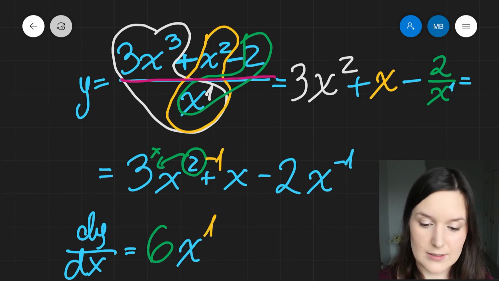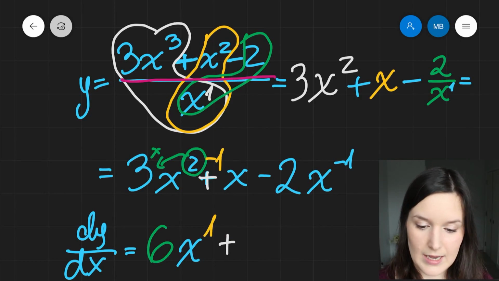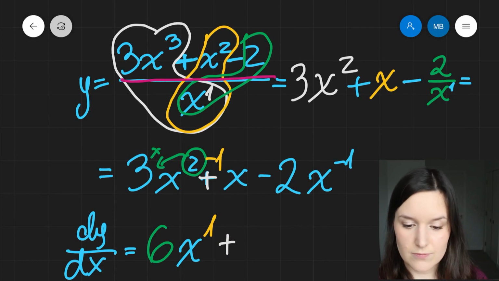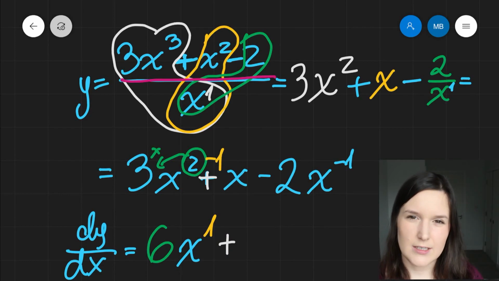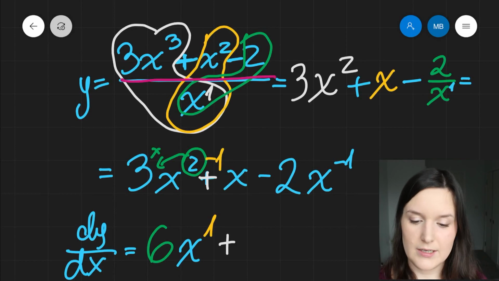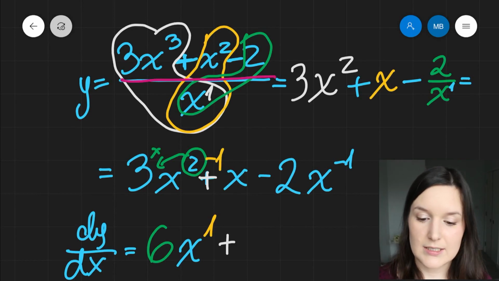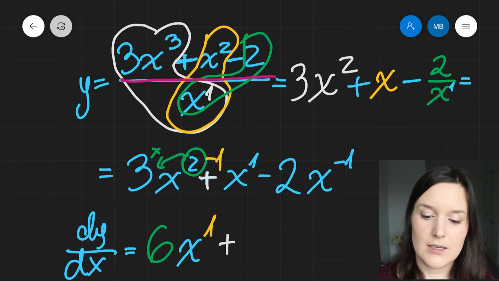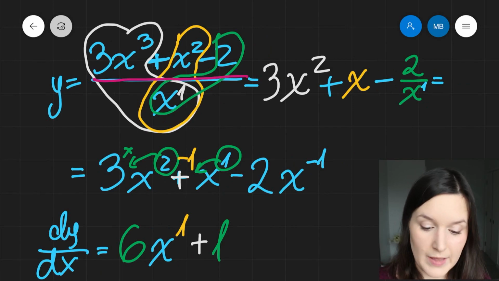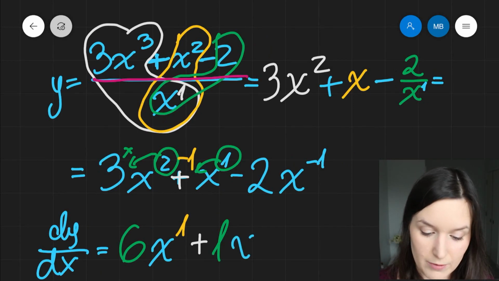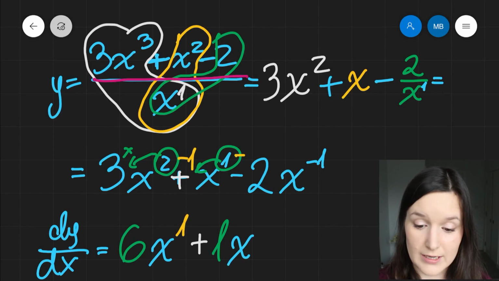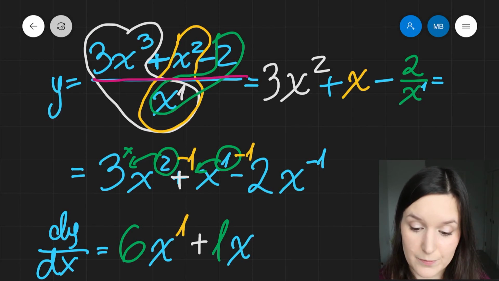There is a plus, so I copy a plus. X is just x. We already learned that it will disappear, okay? So just keep in mind, x is x to the power of 1. 1 goes to the front. And x is to what power? Well, I have to subtract 1. 1 minus 1 is 0.